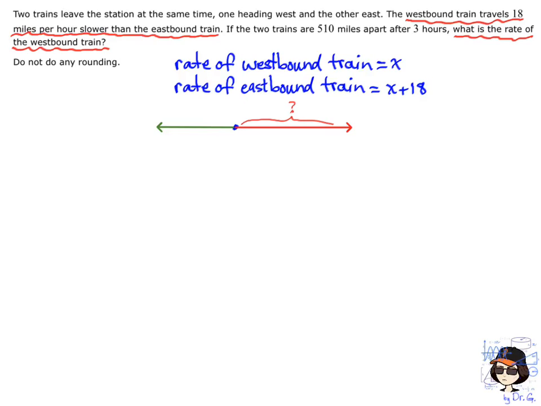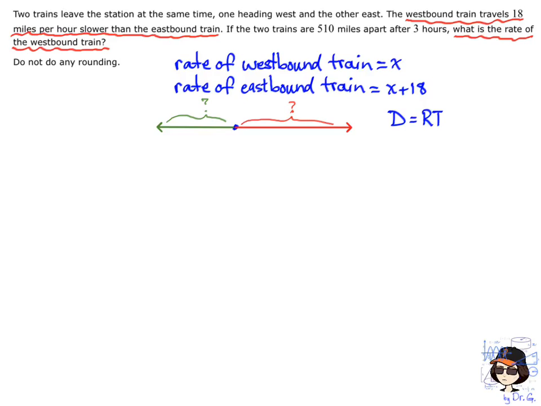And so the eastbound train is the red arrow. That's the distance. And the westbound train is the green arrow. That's the distance, the length of that arrow. So how are we going to figure out what to write down for the distances? The distances are not the same as their rates. So we're going to use the formula distance equals rate times time.